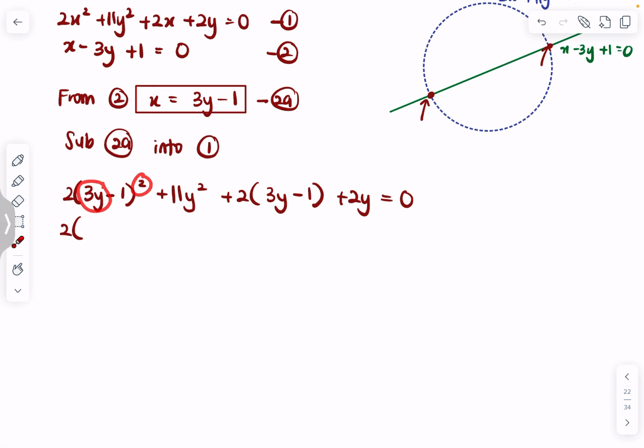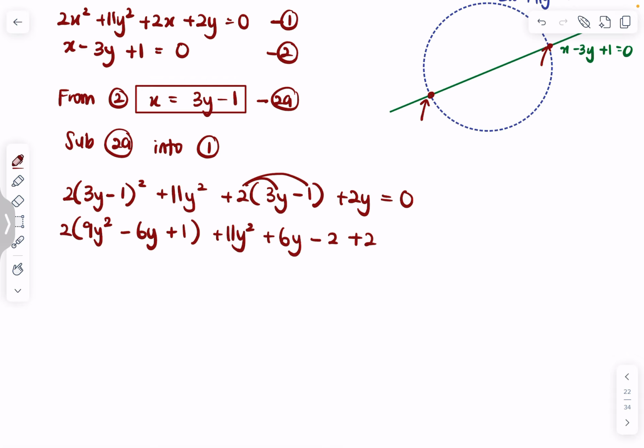So 3y square is 9y square. 2 times 3y is 6y times negative 1 is negative 6y. Negative 1 square is positive 1. Plus 6y minus 2 plus 2y is 0.